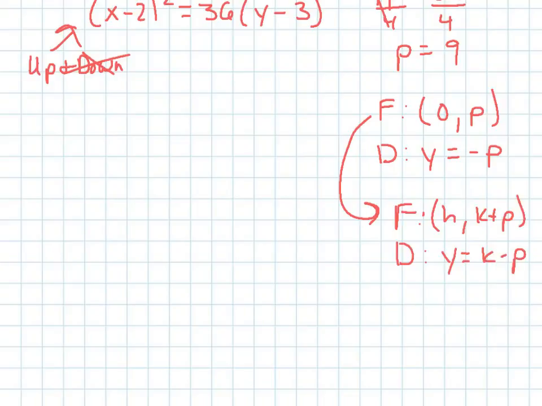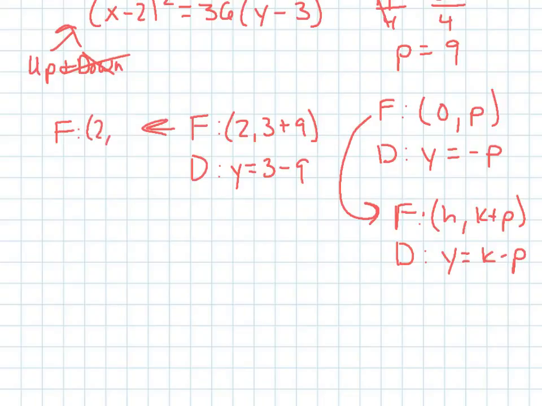Okay, so basically it's the same thing, except now instead of having an origin, you have numbers that you have to subtract from and add to. So for my foci, I have this point 2, 3 plus 9, and my directrix, I have y equals 3 minus 9. So we're kind of doing the same thing that we did before with the other points. So foci must be at the point 2, 12, and my directrix is the line y equals negative 6.